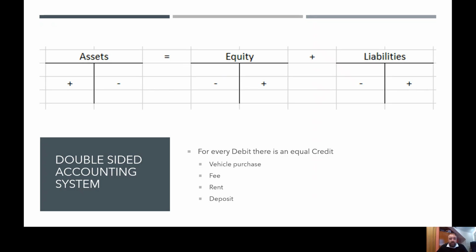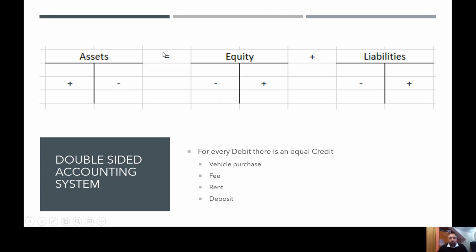Okay, now if we go back to our equation and we plot our equation against the debit and the credit side, it's very important. This is pretty much going to form the basis of any type of ledger question that you're going to answer. So assets will increase on the debit side and decrease on the credit side.